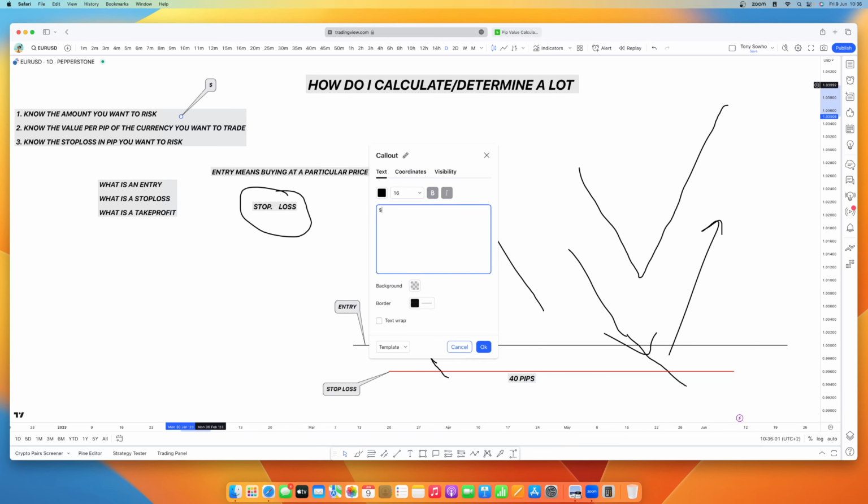So now we have all we need to get the lot.